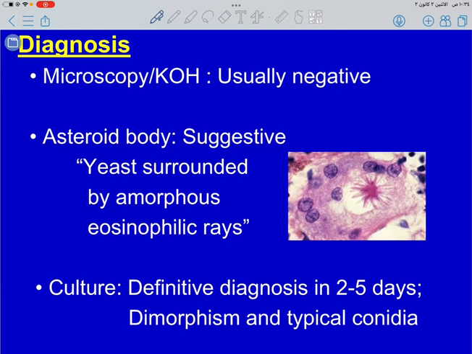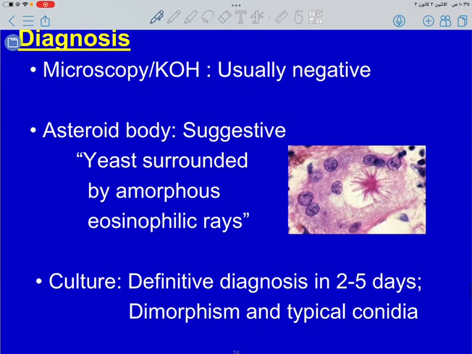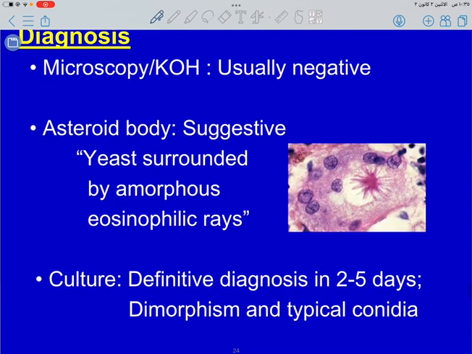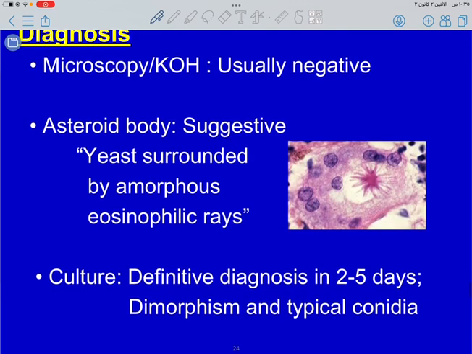Culture: different diagnosis in culture. This fungus you may grow it more rapidly than others, in 2 to 5 days. And it is characterized by dimorphism. Can grow at 37 and 25 degrees centigrade.